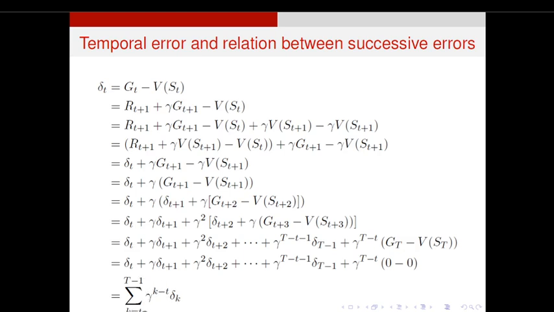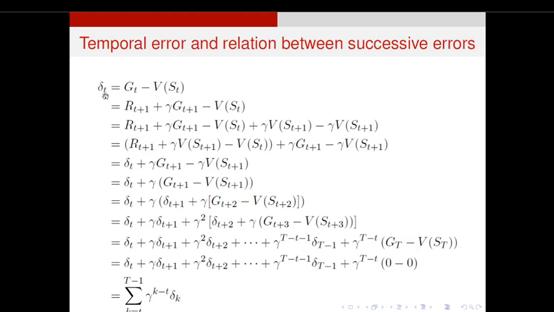Then when I take k equal to t+1, I get delta t+1 into gamma raised to t+1 minus t, so gamma raised to 1, that is gamma.